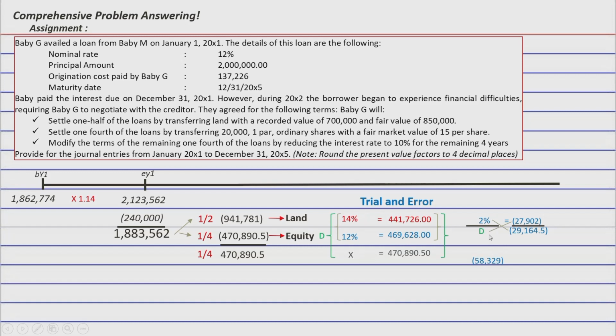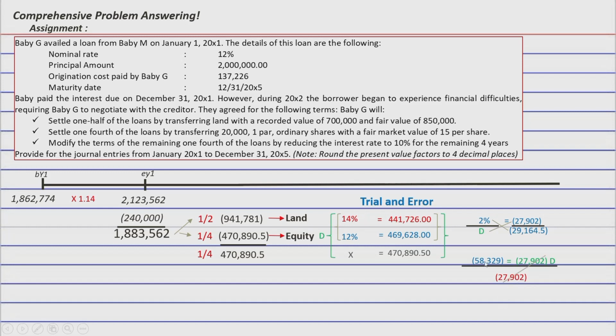Okay? So, moving forward, D times negative 27,902 is negative 27,902D. Now, to get the value of D, we need to divide both sides with negative 27,902. So, this will be cancelled.